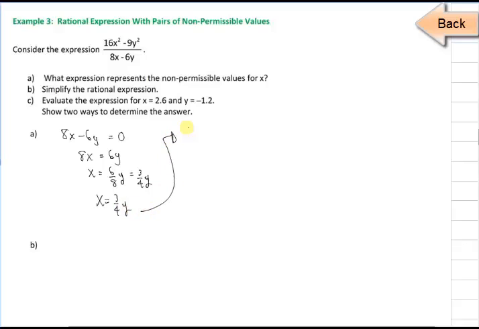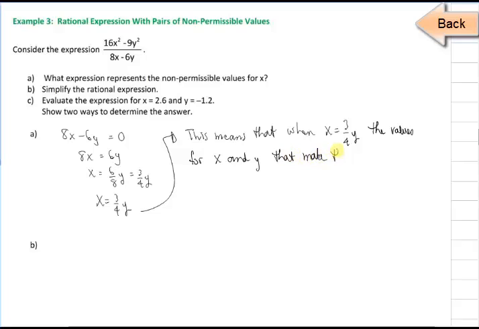So what does this mean? This means that when x is equal to 3 over 4y, the values for x and y that make this statement true are non-permissible.